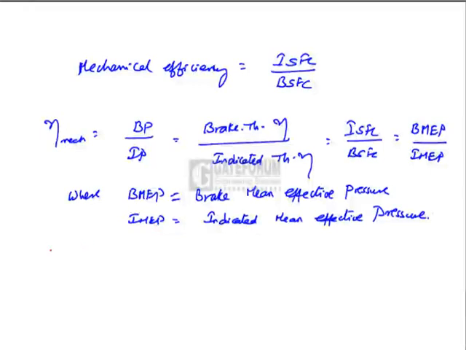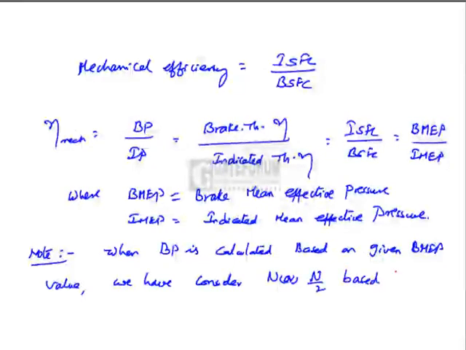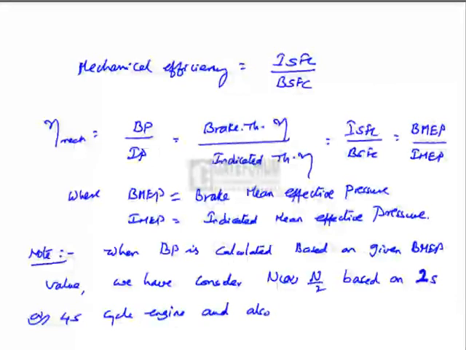When we are calculating, an important note is, when brake power is calculated based on a given BMEP value, we have to consider N or N by 2 based on 2-stroke or 4-stroke cycle engines, and also take into account the number of cylinders.